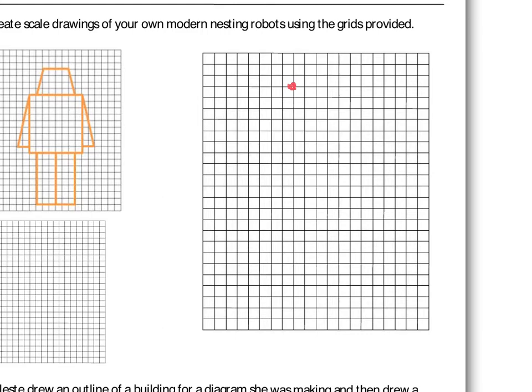So the top of his head is 4 units. And his head goes 4 units down and 1 over. So 1, 2, 3, 4 units down and 1 over.